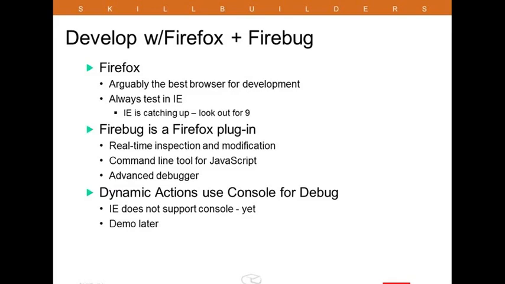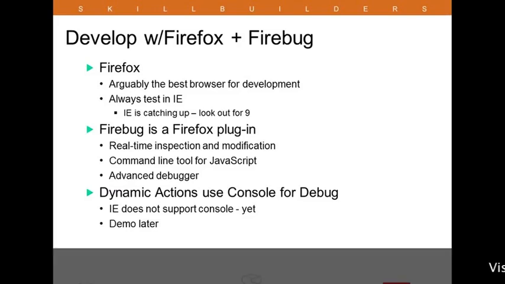Firebug is the plugin in Firefox you saw me use a moment ago. In fact, I demonstrated real-time inspection and modification. You saw me modify the DOM. In addition to that ability, we also have a command line tool. I'll demo that here in just a moment. And we get into really advanced debugging capabilities that simply don't exist in most browsers.